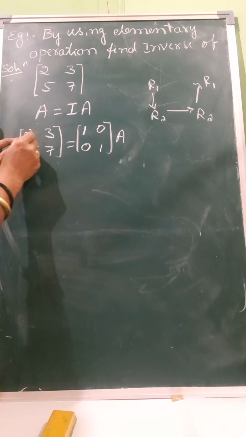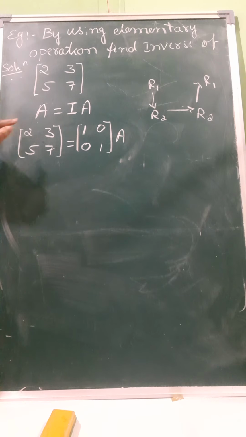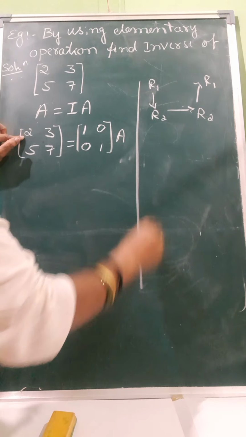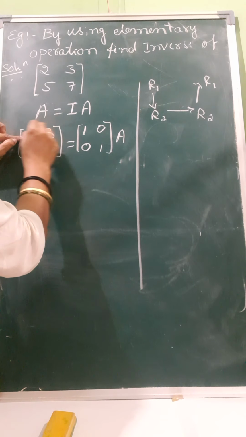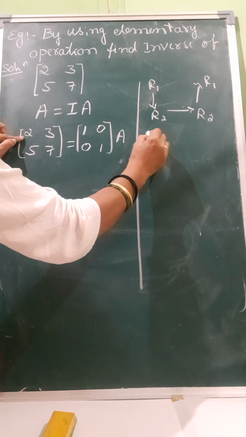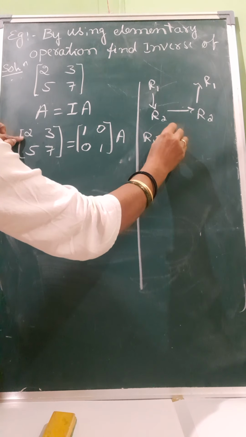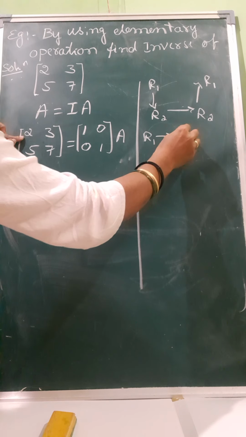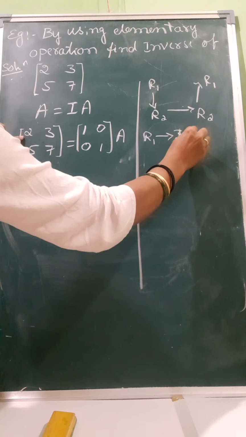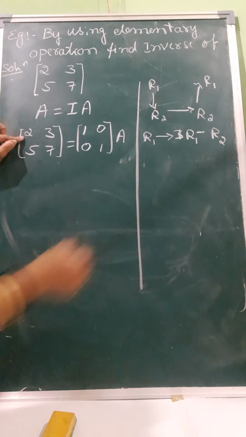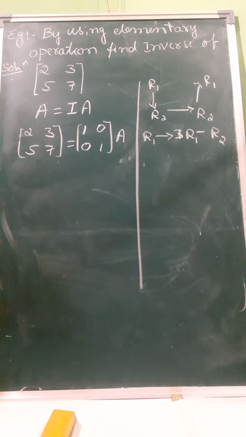So first 2 changes to 1. How can you change 2? Look here, I explain this. This is R1, row R1. I take a row operation, so R1 changes to 3R1 minus R2.